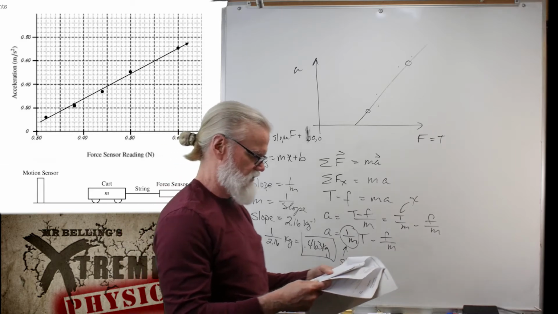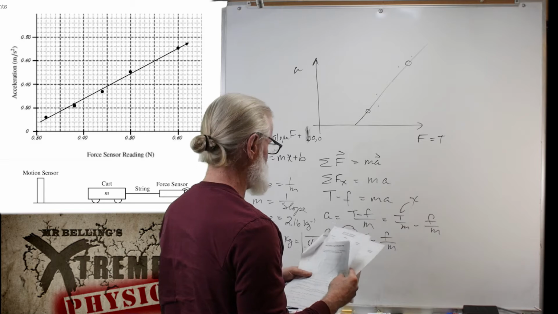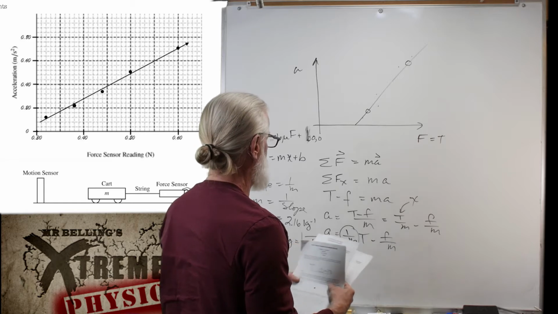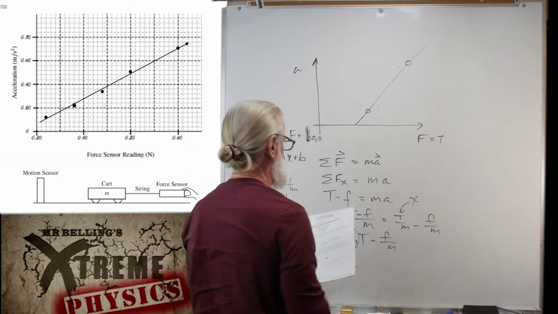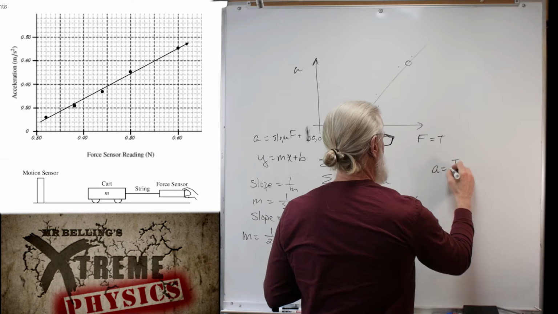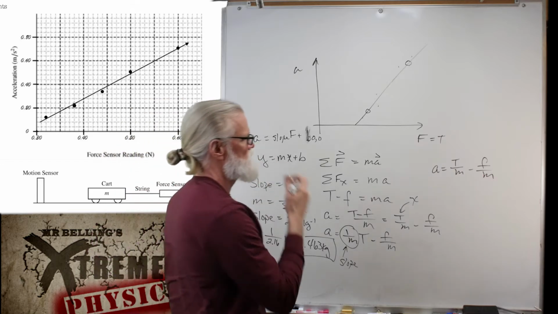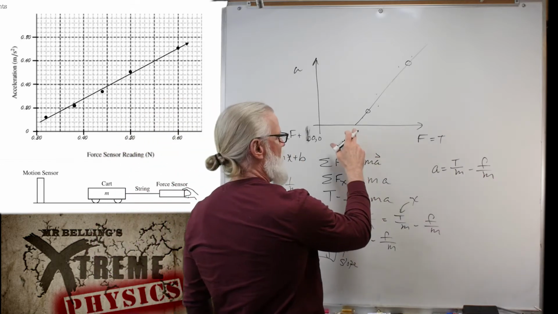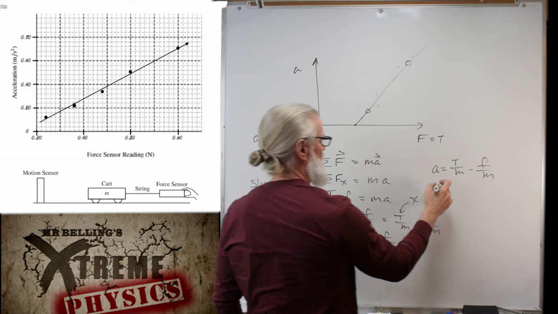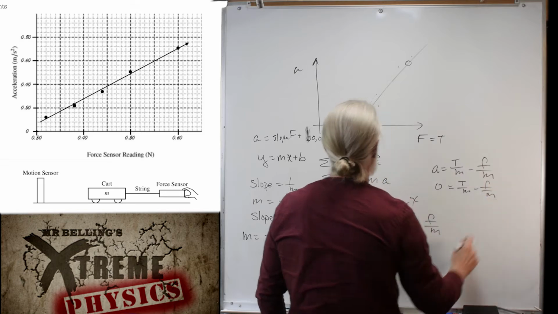Using the straight line from the graph, determine the magnitude of the force of friction. All right. Well, the way I would do it, I'd take a look at this relationship here, and I got acceleration equals T over m minus f over m, right? So when a is 0, right, because this is the point at which a is 0, 0 equals T over m minus f over m.